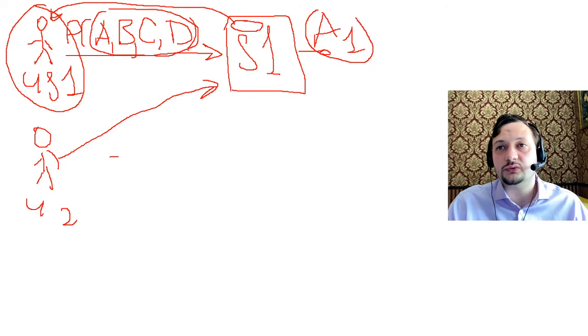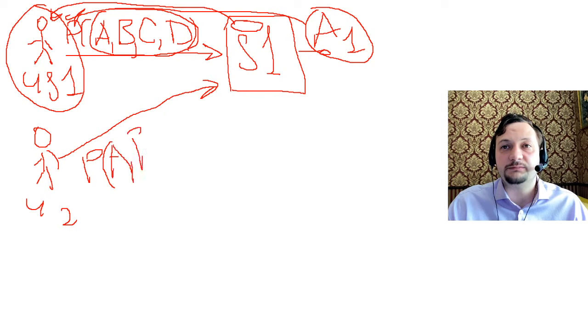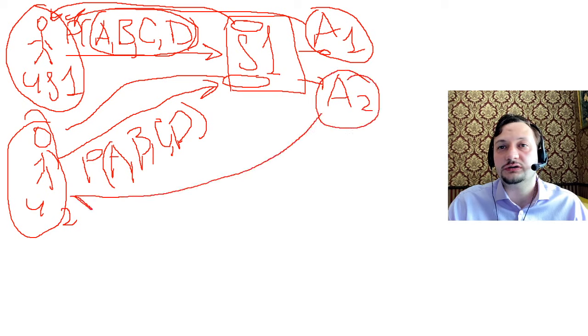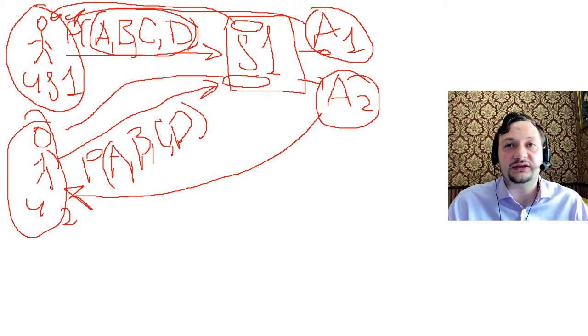So the service 1 would give the user 1 answer A1, and if user 2 calls the same service with the same parameters, and the service has some internal information about user 2, it would use this information and provide this user a response A2 that is different from the response for user 1.